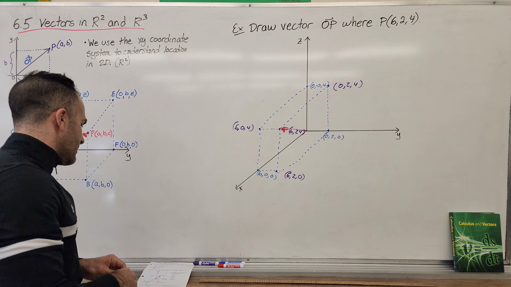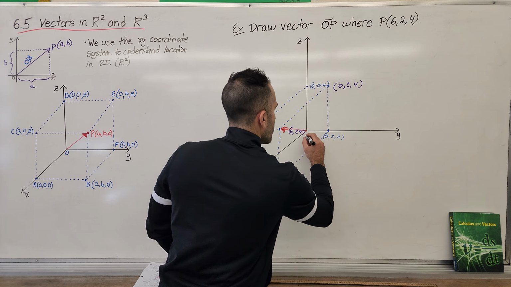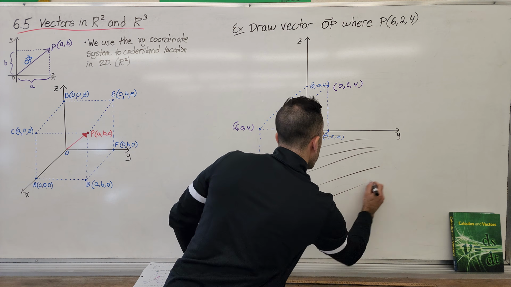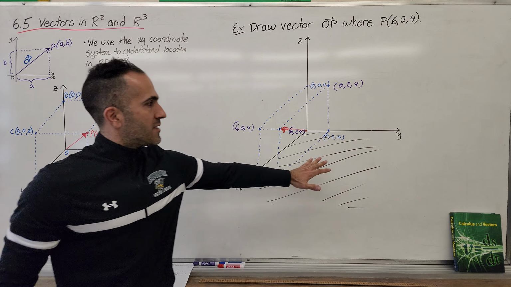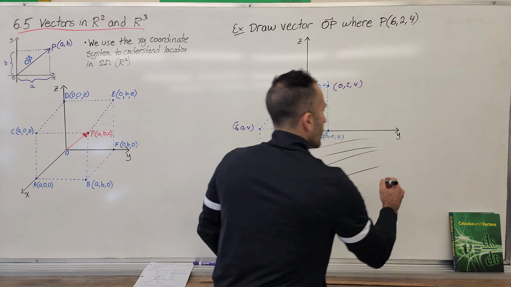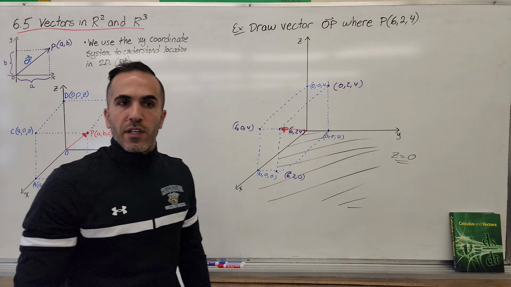Okay, a few things about planes. Think of the xy plane. This plane down here. That's a plane. No matter where a point is on that plane, we know that the z coordinate is 0 on the xy plane.